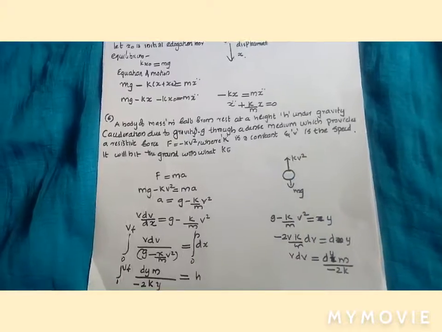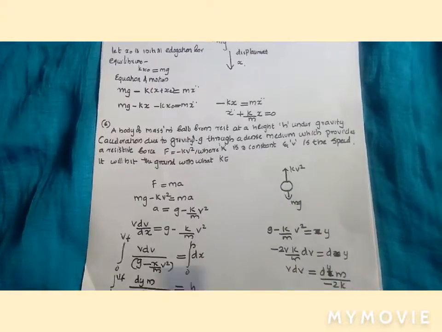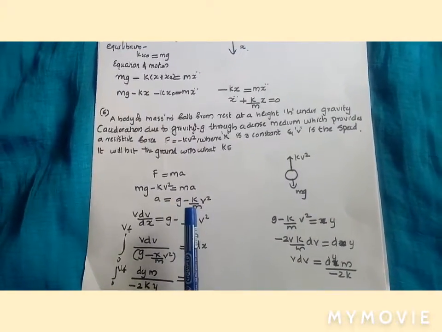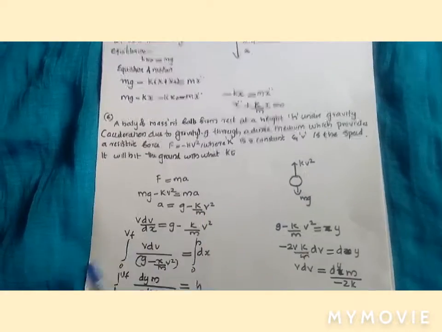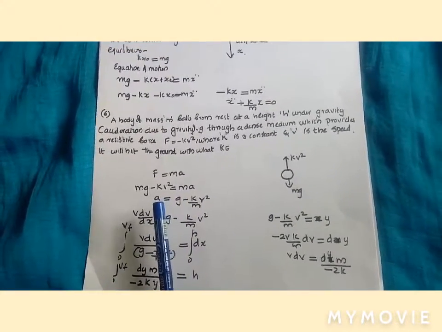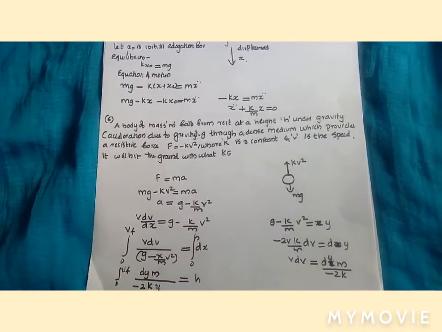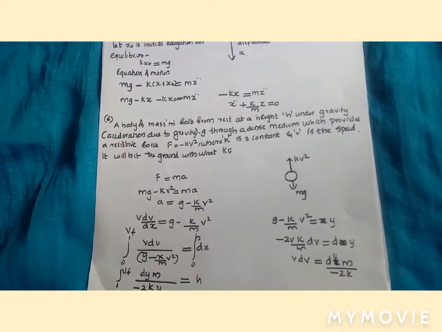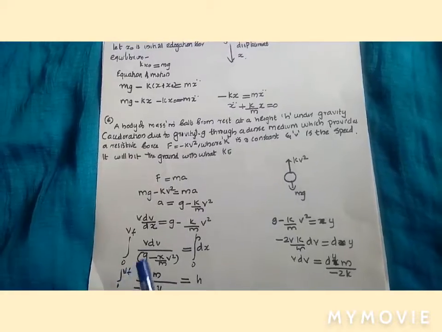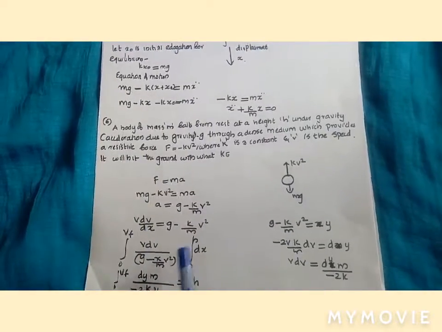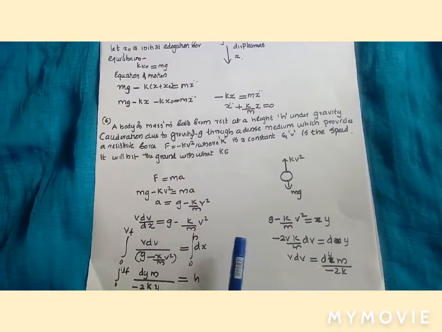So mg minus kv square is the effective force, that's equal to ma. From that a is equal to g minus kv square by m. Acceleration, we have two equations, that is d square x by dt square. Also in terms of x we can write the acceleration as v dv by dx, that's equal to g minus k by m into v square.